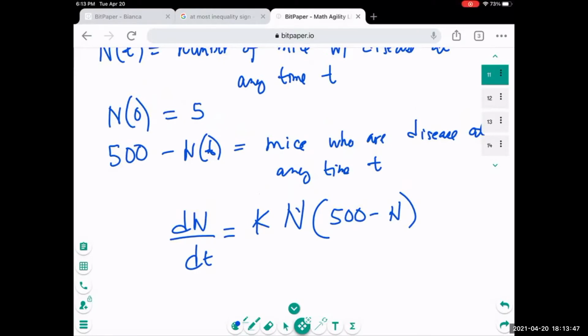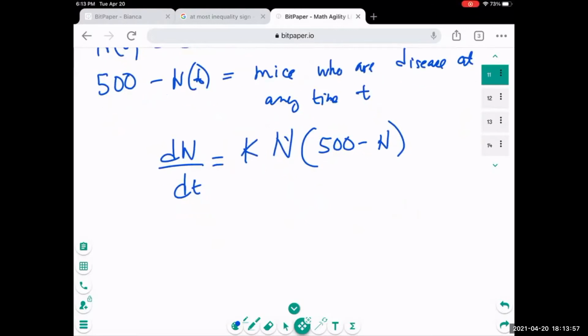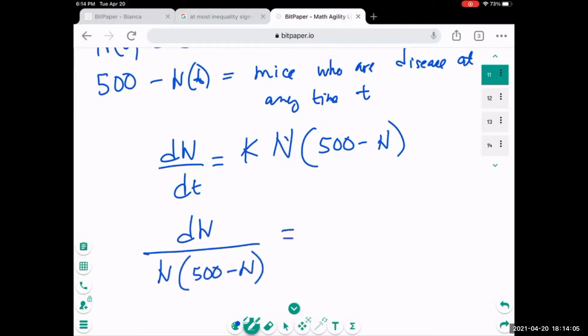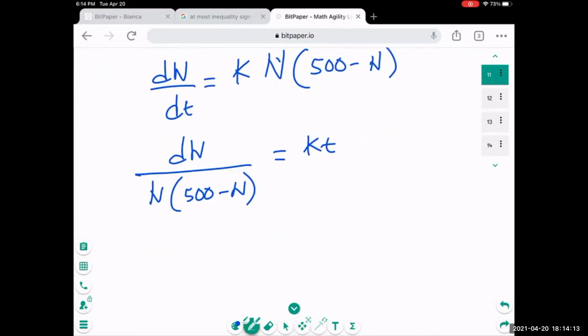This is separable, which is what DJ showed you how to solve. So dN over N times 500 minus N equals k dt, and let's move k dt to the left hand side of the equation.